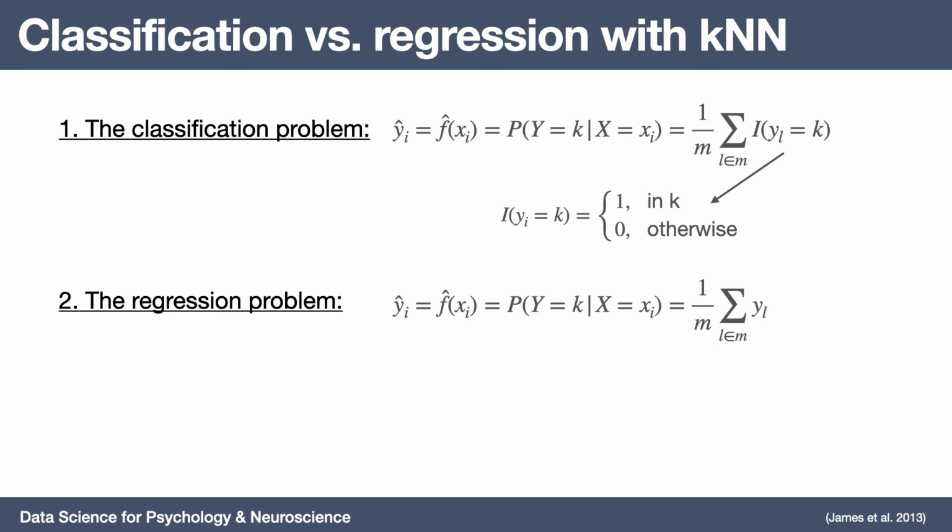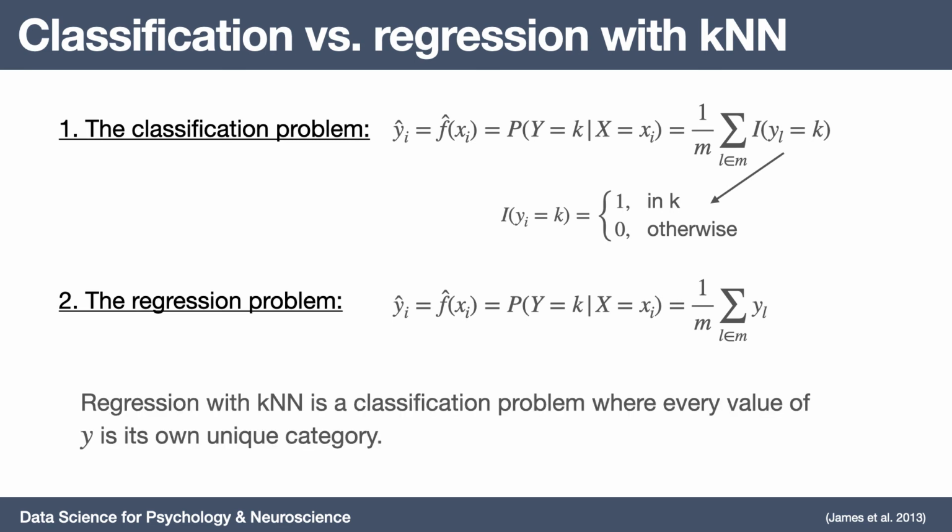So every unique value of y that you have is essentially a group. So rather than having 2 groups, 3 groups, 4 groups, 5 groups, you have n many groups. That's the beauty of regression with kNN: you're applying it as a classification problem where every value of y is its own unique category.